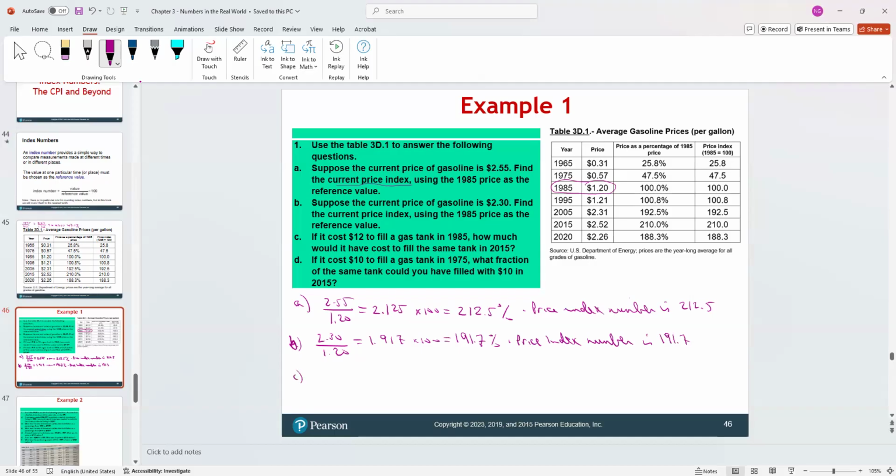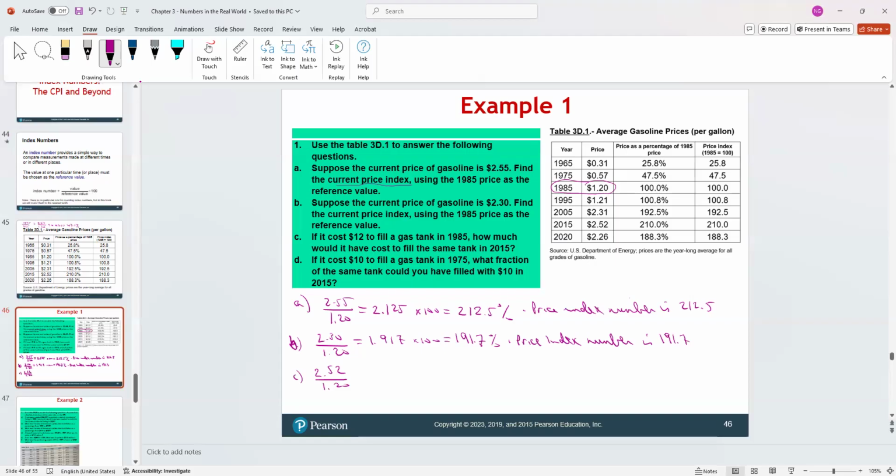Look at 2015, it is $2.52 over $1.20. Remember, our reference is always 1985.